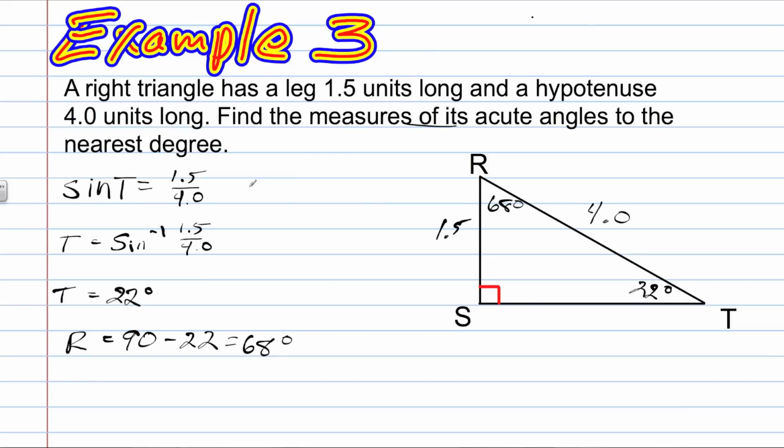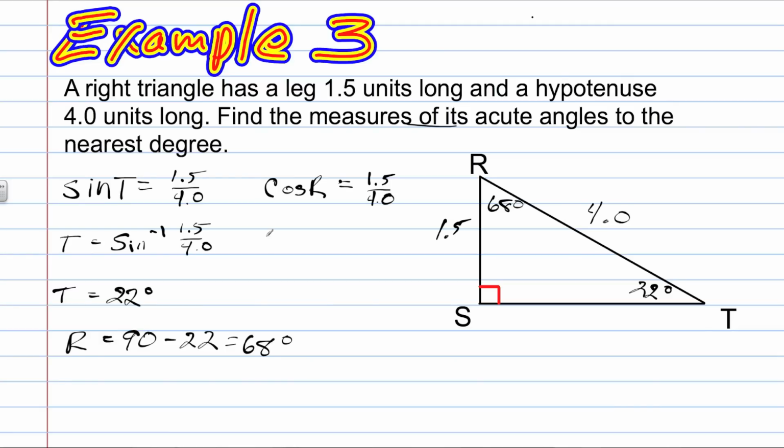Another way to do that would be to find the cosine of angle R. The cosine of angle R is going to be equal to 1.5 over 4.0.